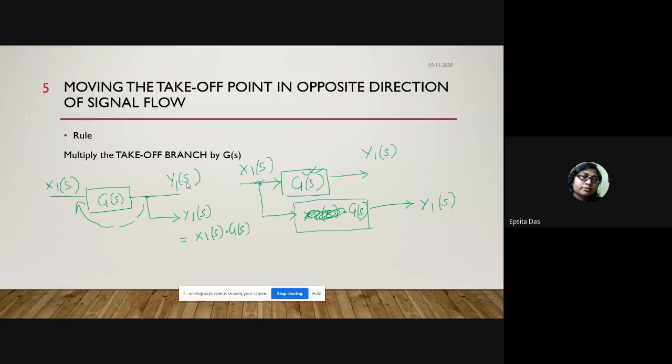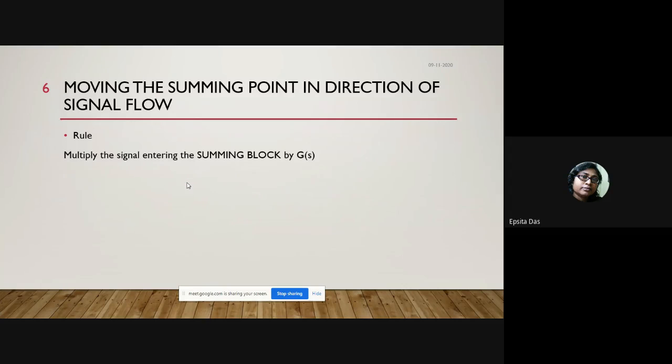Okay. Next. Now it says if I want to move the summing point. So far we moved the takeoff point, now we will move the summing point. Let me draw the picture. This is a summing point. Suppose I have a signal x1 here and a signal x2 here.